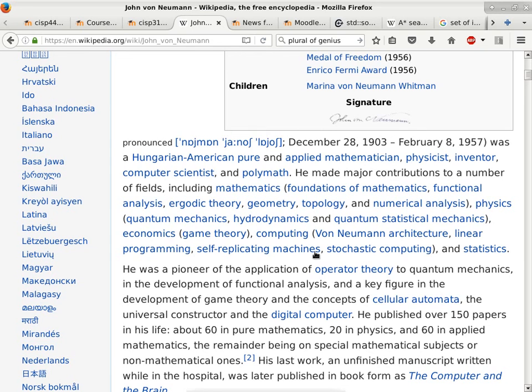He's also the pioneer of the application of operator theory to quantum mechanics. Quantum mechanics all by itself is very interesting because I was just watching a whole bunch of videos on Schrodinger's cat last night. That kind of stuff intrigues me, and I like to gnaw on that sort of stuff.